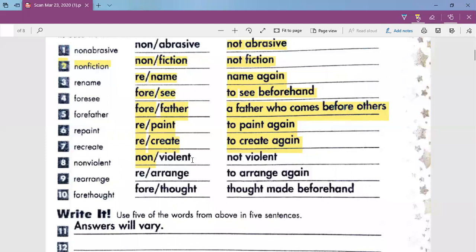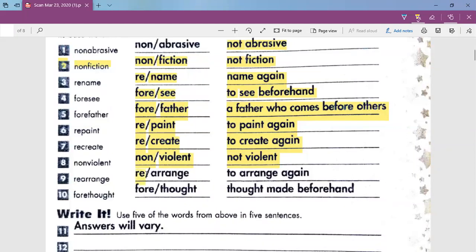Okay, no problem. And Luis, what is the base word? Violent. Violent, absolutely. And Giovanni, what does that mean? Okay, Emil? Not violent. Not violent, of course. Then we have rearrange.